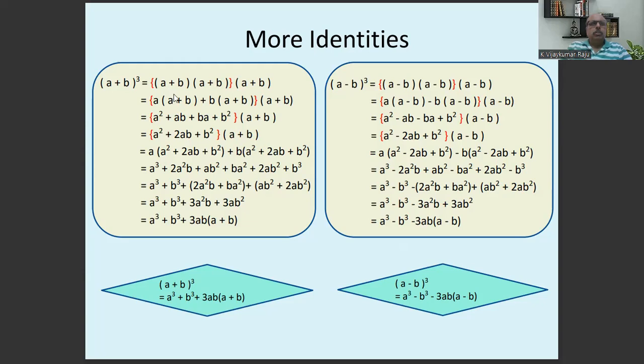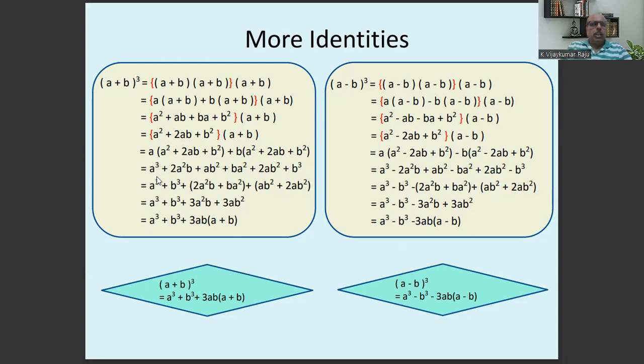So the first two multiplication is a² + 2ab + b². Now you have to multiply with the third bracket, that is (a + b). A into the full bracket, b into the full bracket. A into (a² + 2ab + b²) plus b into (a² + 2ab + b²).